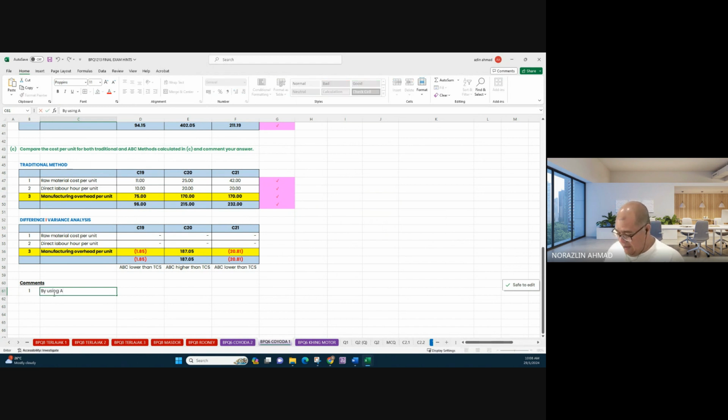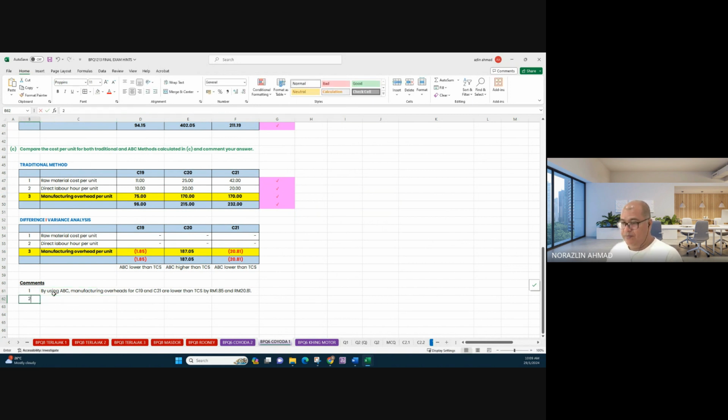By using ABC, okay, manufacturing overhead for C19 and C21 are lower than TCS by RM 1.85 and RM 20.85.